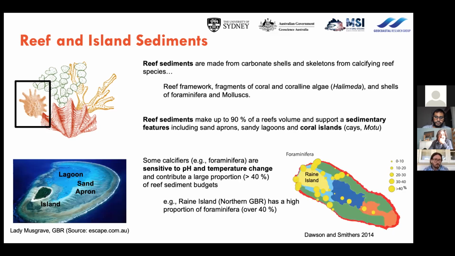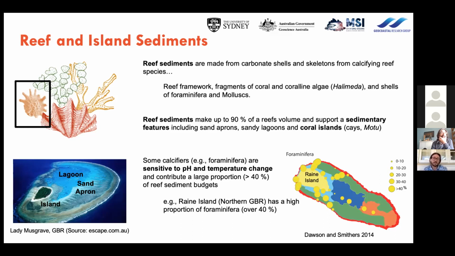Just to highlight one aspect of the sediments that is a bit of an issue for coral reefs: some calcifiers are more sensitive to environmental change. An example is foraminifera, these single-celled guys on the left. I've given an example here of Rain Island on the Northern Great Barrier Reef, where surveys found the sand on that island is made up of 40% or more by these little critters.